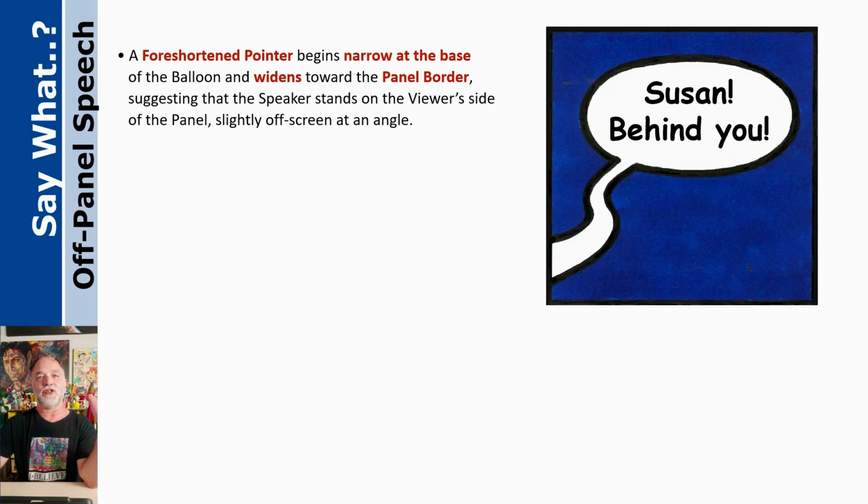It slightly changes the angle of the character. The fact that it's foreshortened means in this case that the character is sort of standing here next to the viewer. So it's actually quite handy. The first time I saw this was, I want to say, in Asterix and the Laurel Wreath.